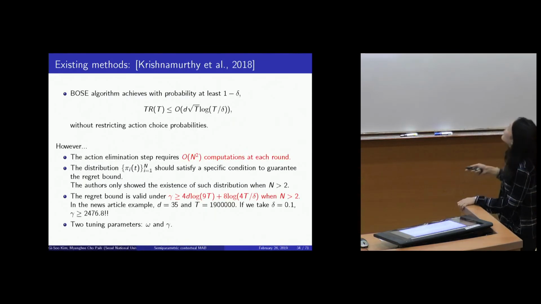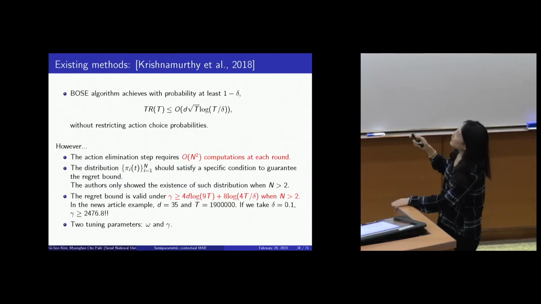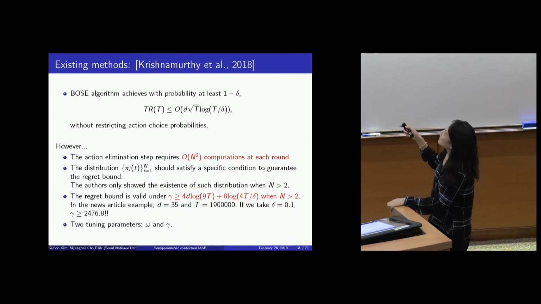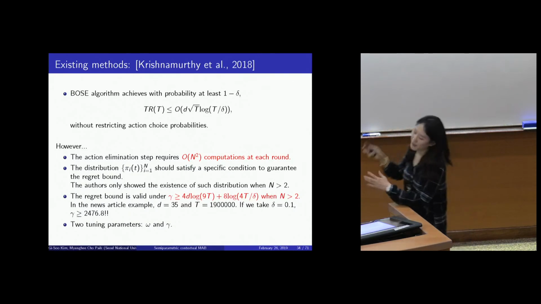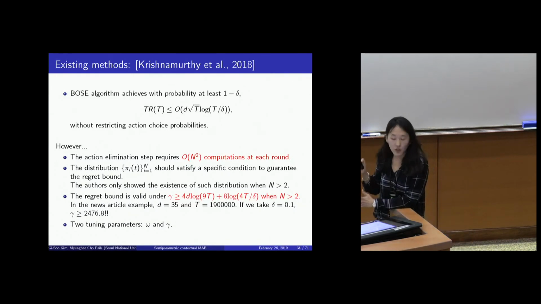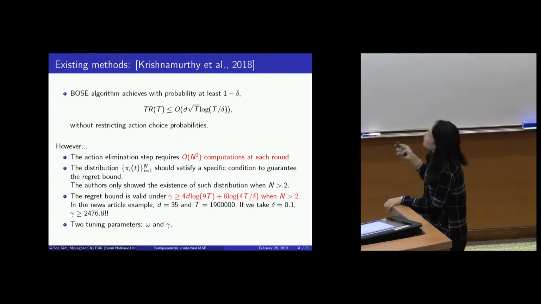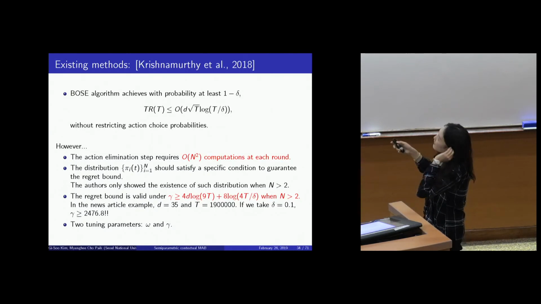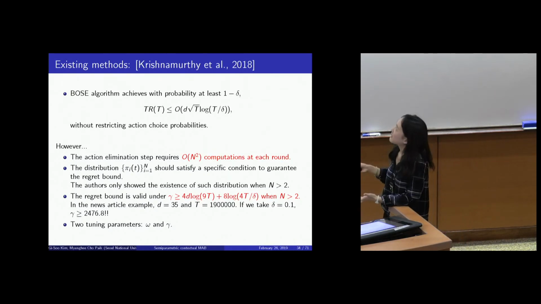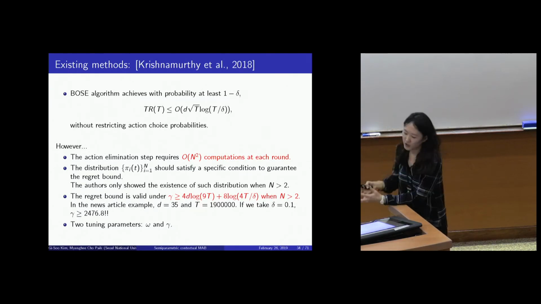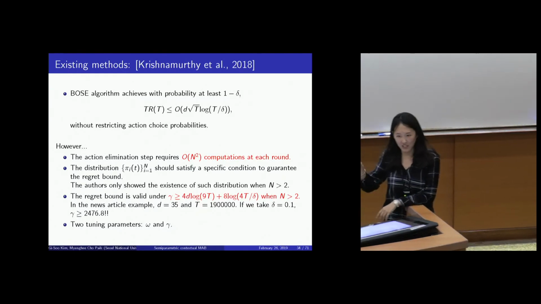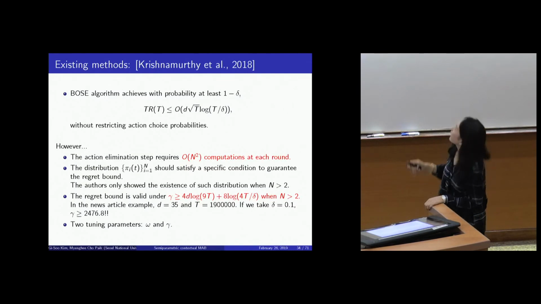A great advantage of the BOSE algorithm is that it achieves a very tight bound, because it depends on d instead of d to the 3 over 2. It is a great advantage, but however, there are some problems with this algorithm. First of all, the action elimination step requires comparing every possible pair of the actions, so it requires O(N squared) computation.